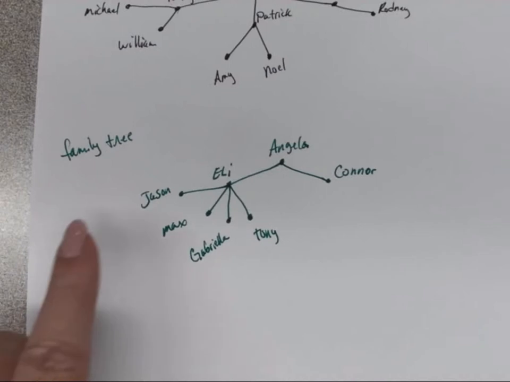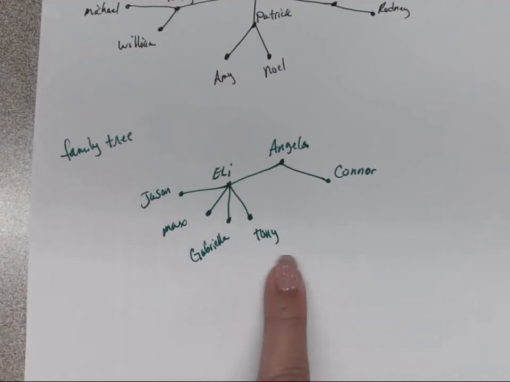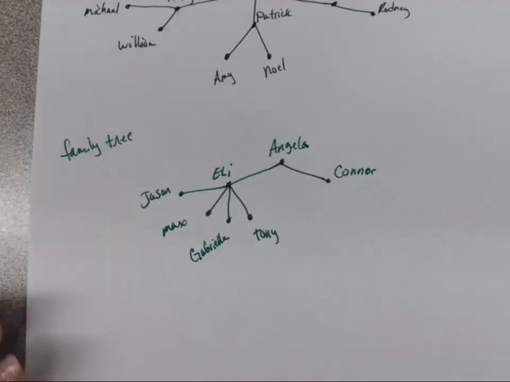Now, with Jason, Max, Gabriella, and Tony, notice I am writing the names out. Do not put initials because sometimes they'll have the same initial and you won't know who is who. So no initials. You need to actually write the names.